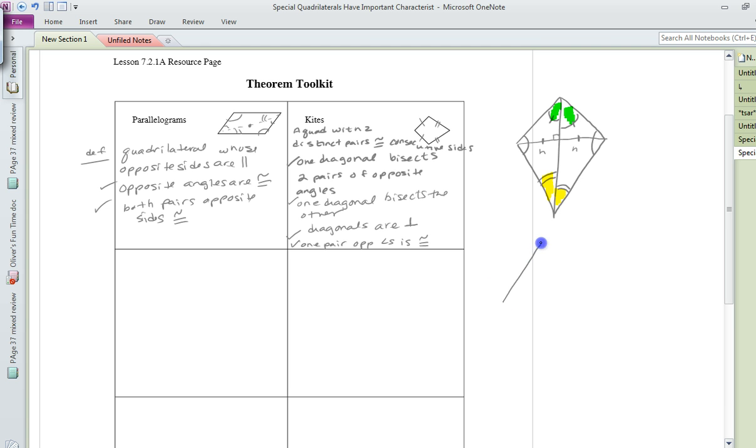And that leads us to a new conjecture about the diagonals of the parallelogram. Can we prove anything else about this figure?